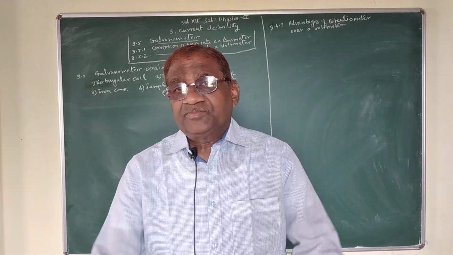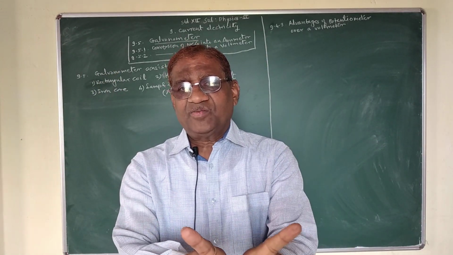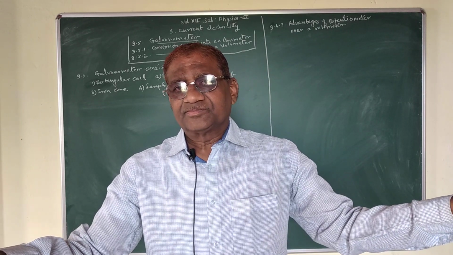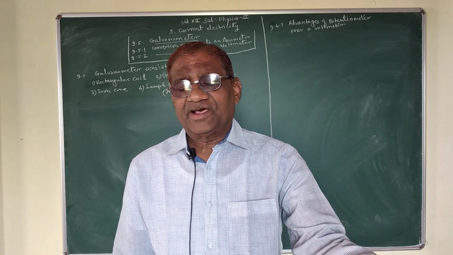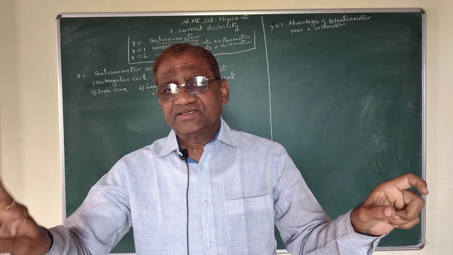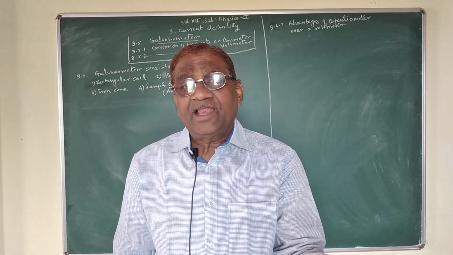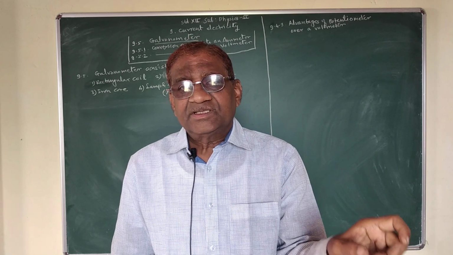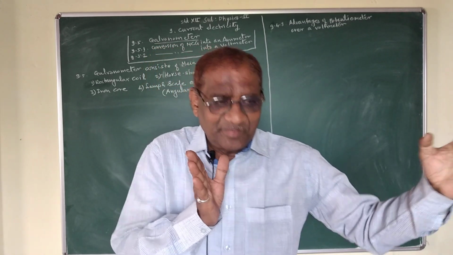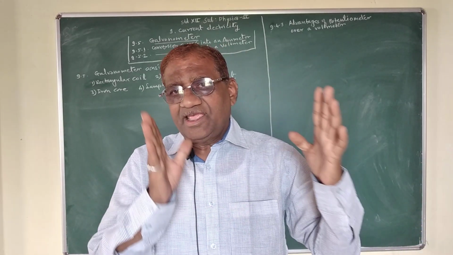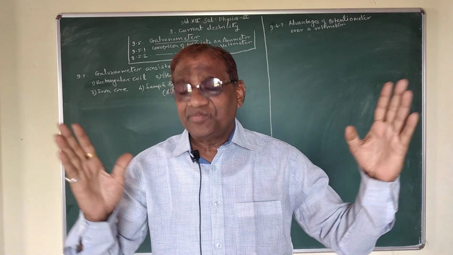So galvanometers are of two types. There are two types of galvanometer. First type is moving coil galvanometer, and second type is moving magnet type galvanometer. In moving coil galvanometer, the coil is movable and magnet remains fixed.